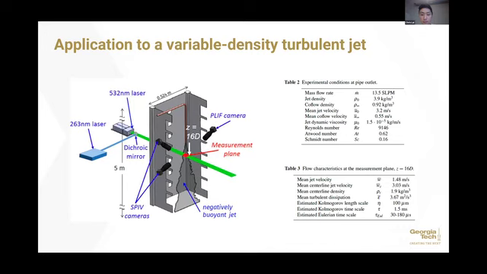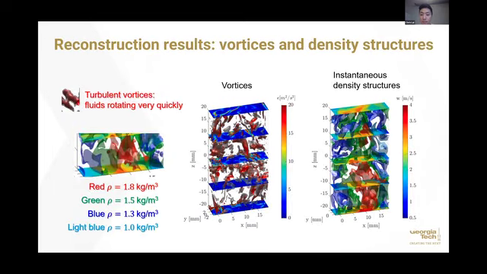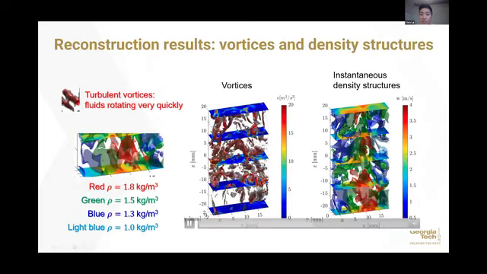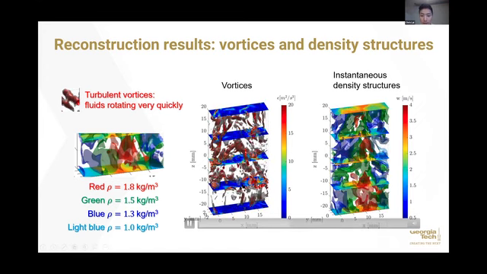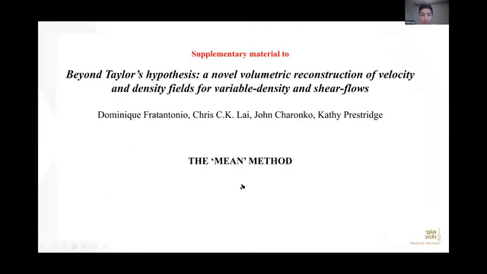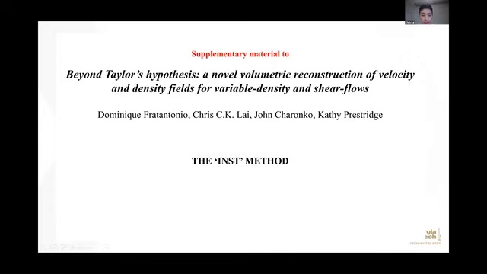So that's validation. If you apply that to the jet flow that we have, this is a rendition of the iso contours of the density structures and also the turbulent eddies. But it would be most revealing if you look at this video, and it's the same data.